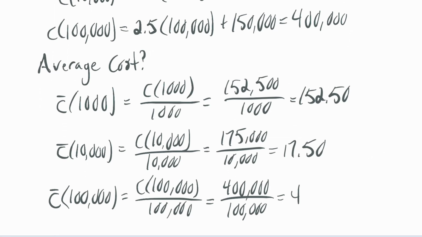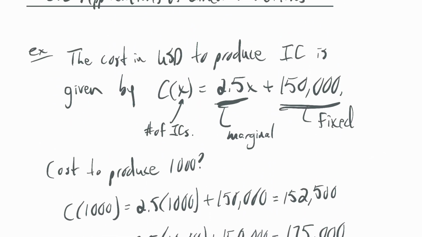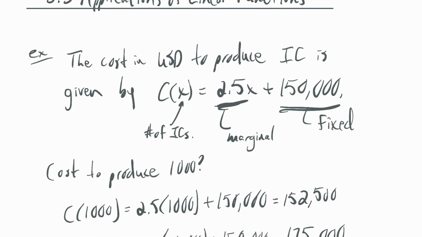If we're given a function, and in particular, this is a linear function. Let me back up a little bit and point out that I said this number right here is the marginal cost. Well, that's because I have a linear cost function. If my cost function were quadratic or cubic or exponential or whatever, then the marginal is more complicated. Basically, the marginal, and this will come up again later, this is the slope of the cost function.